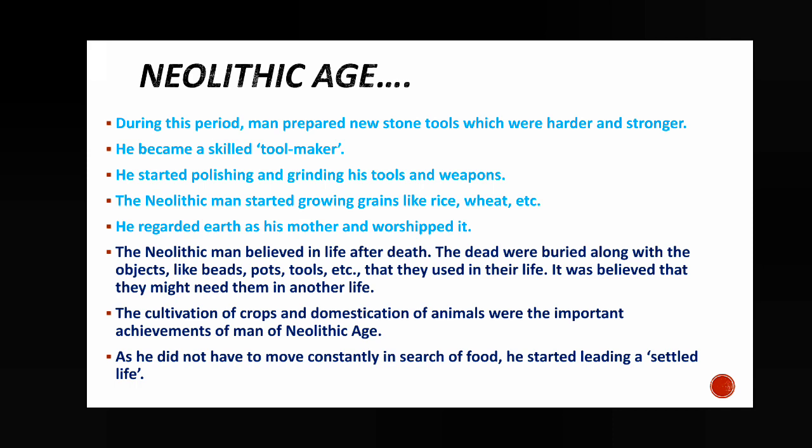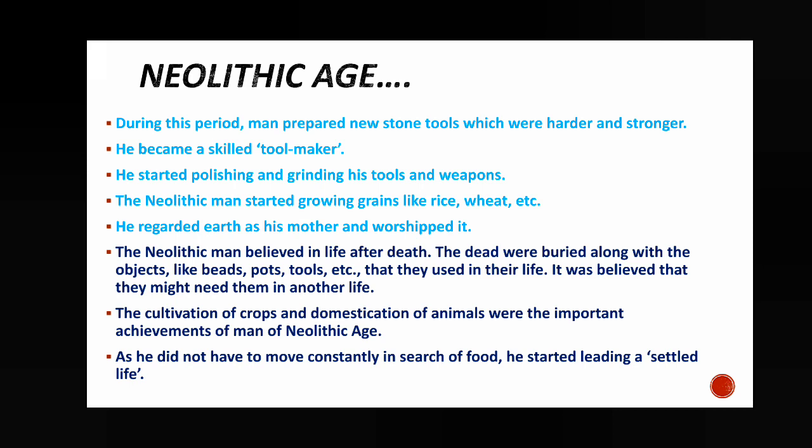The cultivation of crops and domestication of animals were the important achievements. It is already discussed in the Mesolithic also. As he did not have to move constantly in search of food, he started leading a settled life. In the Mesolithic age we have already seen that men started to produce food, that means crops.